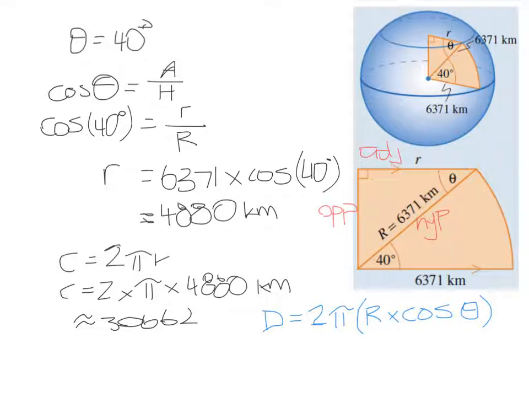So if we're going to reduce it that way, what we can end up with is basically, if 1 degree is approximately equal to 111.2 reduced by the cosine of theta, where theta is the angle of latitude.